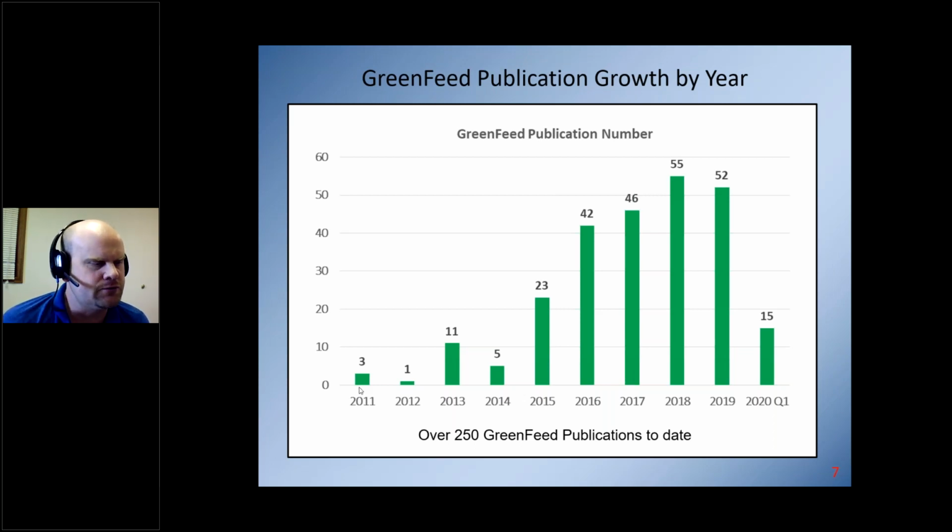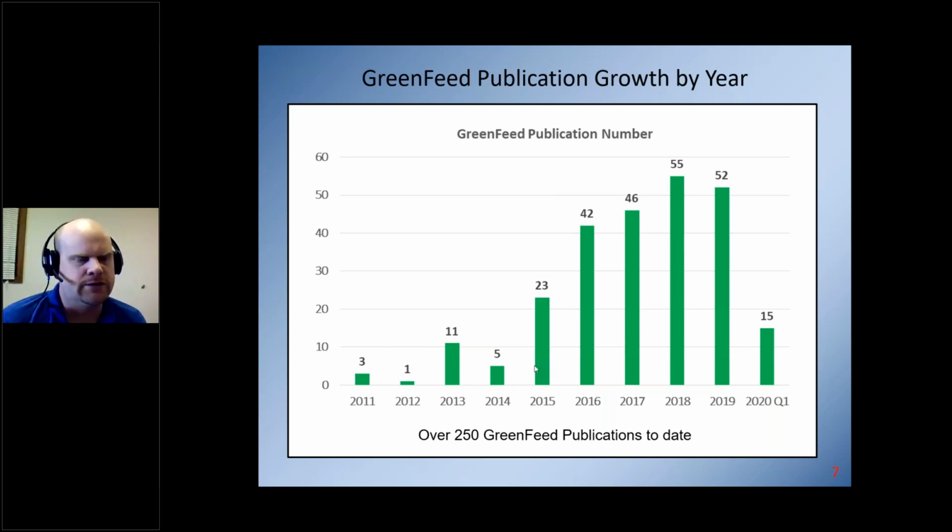We sold our first GreenFeed around the end of 2010, beginning of 2011, and it took about 4 years for the methodology to become adopted and tested and validated through many studies. And so the first several years were mainly validating GreenFeed and learning how we can use it in research environments.